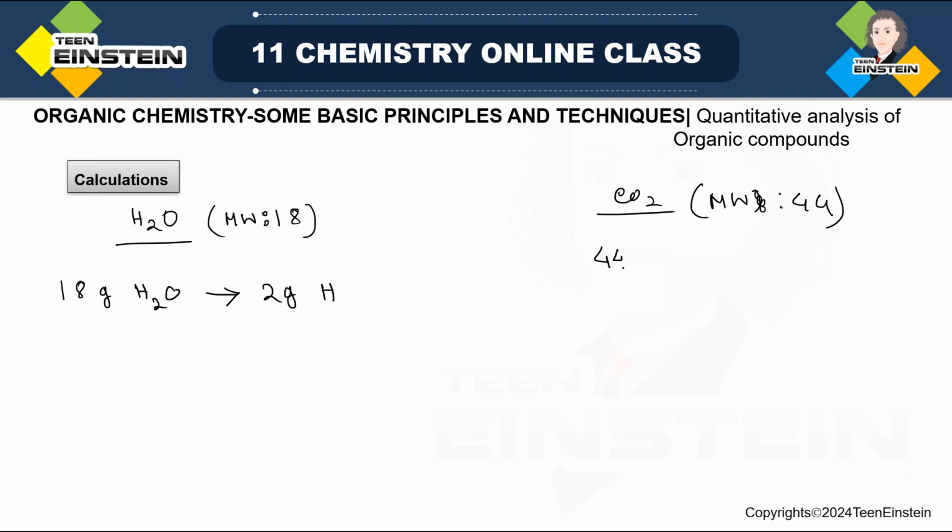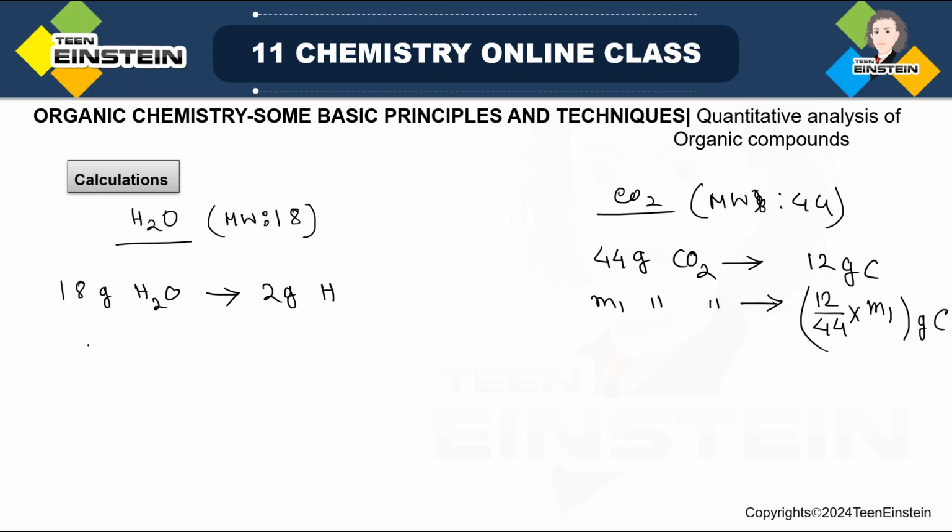Similarly, in 44 gram of CO2, that is 1 mole, you have 12 gram of carbon, right? Now, m1 gram CO2 will have 12 divided by 44 multiplied by m1 gram of carbon. And similarly, m2 gram H2O will contain 2 divided by 18 multiplied by m2 gram of H.